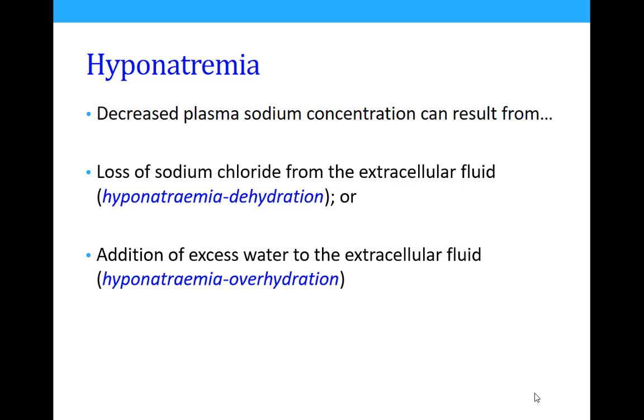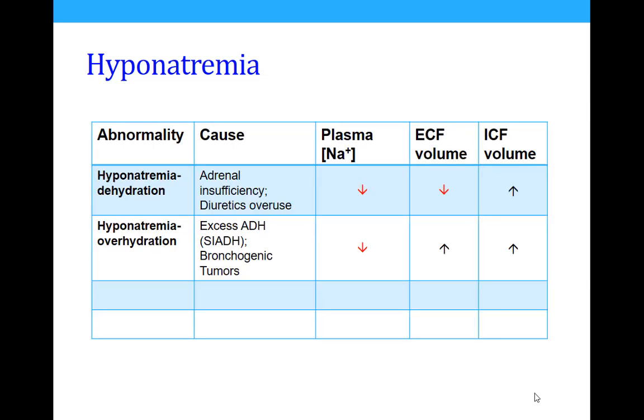Second thing you can do is, if this person keeps drinking water, you are diluting your ECF. The total sodium remains the same, but because you have added more water, the concentration of sodium has gone down. Again, referring back to those 6 disturbances we discussed last time, this fits in that picture.